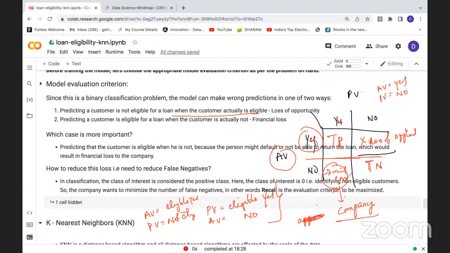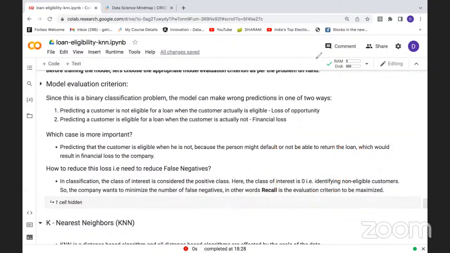So this scenario is called a false negative, and this is a false positive. So we are doing cost-based analytics: how much is the loss? Based on that, you decide whether you have to reduce your false positives or your false negatives.